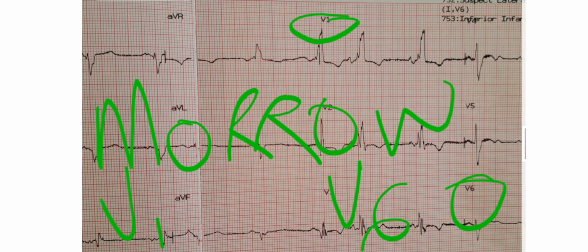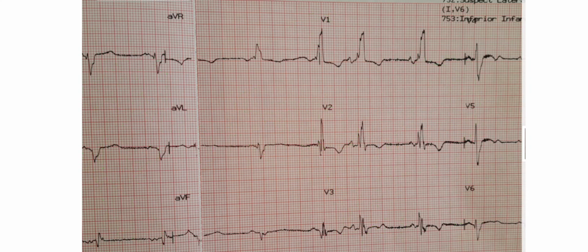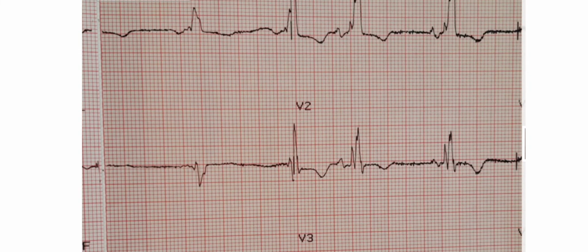So for you to suspect or to diagnose a right bundle branch block, you must have an M-shaped morphology in V1 and a W-shaped morphology of the QRS complex in V6. Let's check what is happening here.